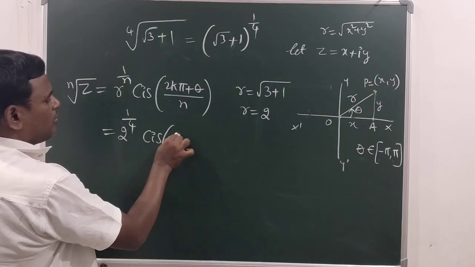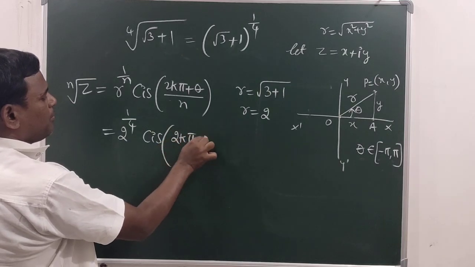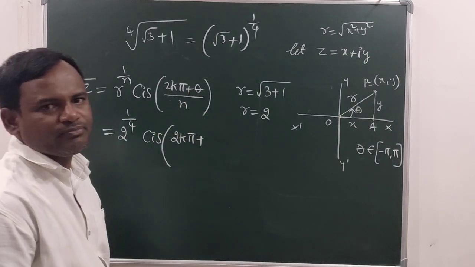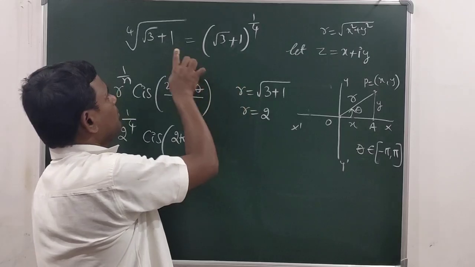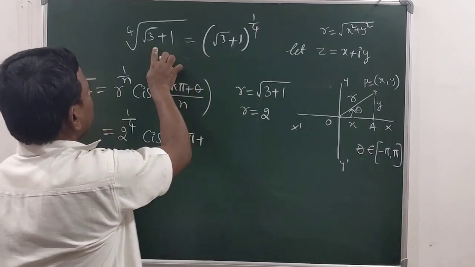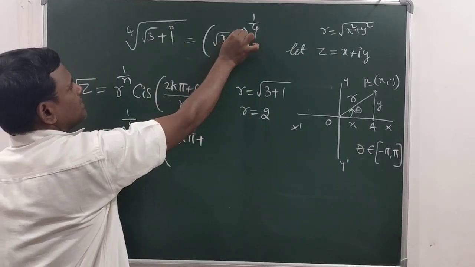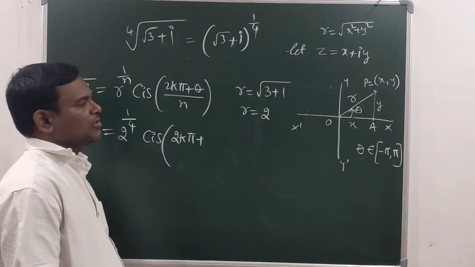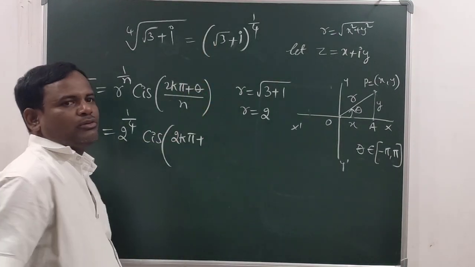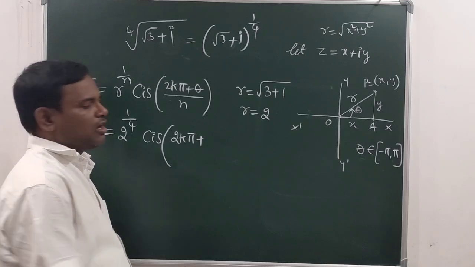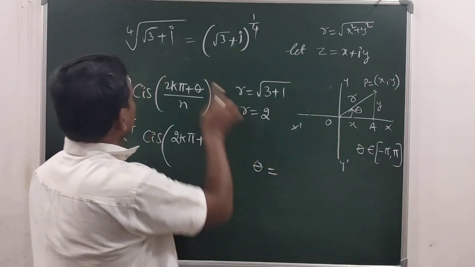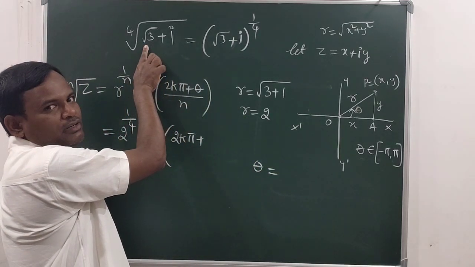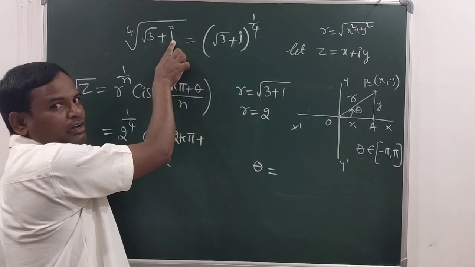Cis of 2k pi plus theta. Theta means the argument of this complex number. So here actually it is root 3 plus i. Now find its argument. Here the real part is positive and the imaginary part is positive.